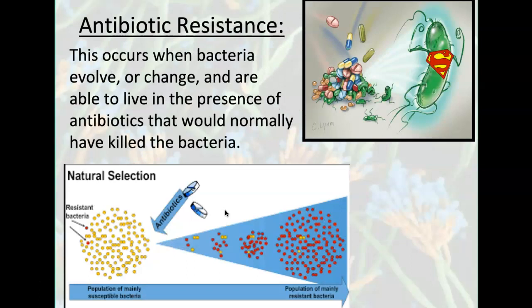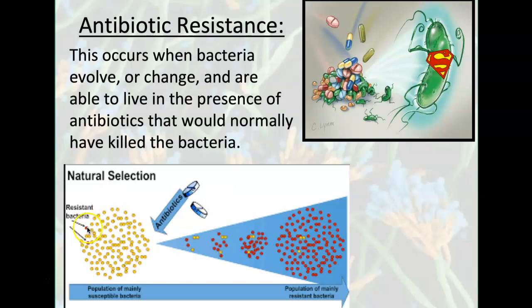So antibiotic resistance, we were just talking about this. So this is going to happen when bacteria change, bacteria evolve, they mutate so that they are super strong bacteria. They are able to live in the presence of antibiotics when traditionally antibiotics would have killed the bacteria. And this picture is showing this to you.